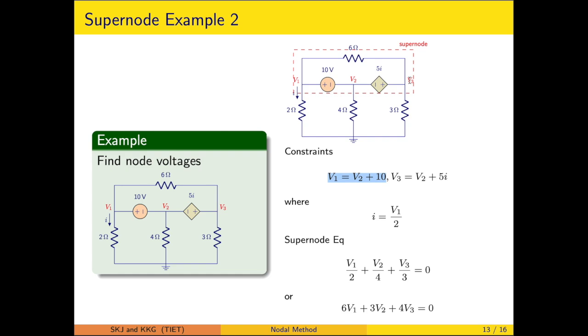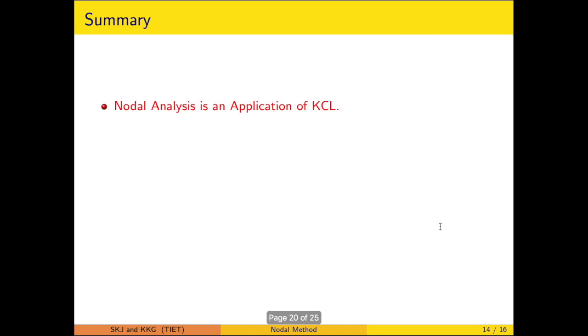The third relationship, V2 plus 5I is equal to V3, and so on. Now this is a controlling current I. It depends only on this node voltage V1, and we can solve it conveniently.